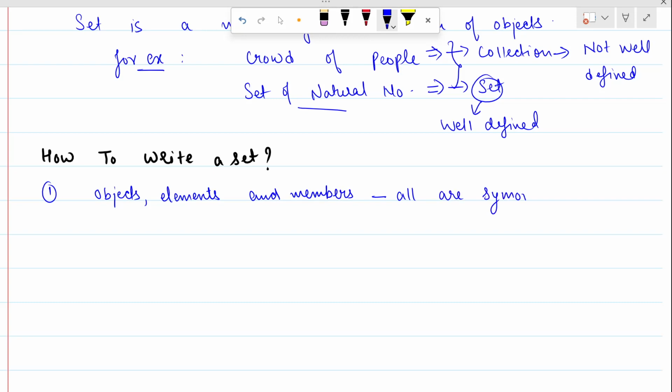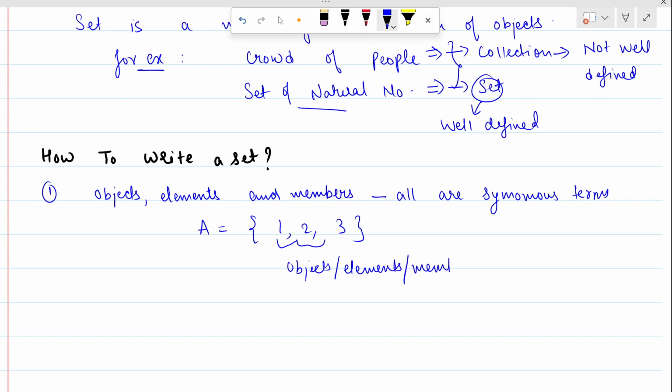That means if a set A contains 1, 2, and 3, then 1, 2, 3 can be called objects or elements or members. All three mean the same.